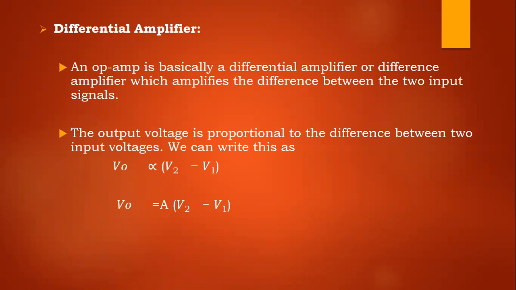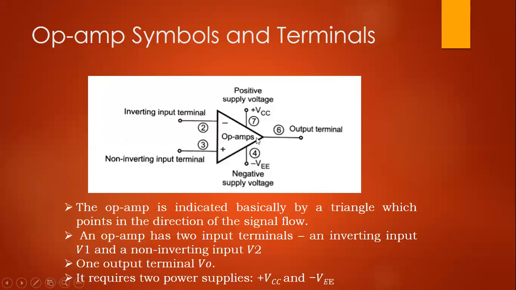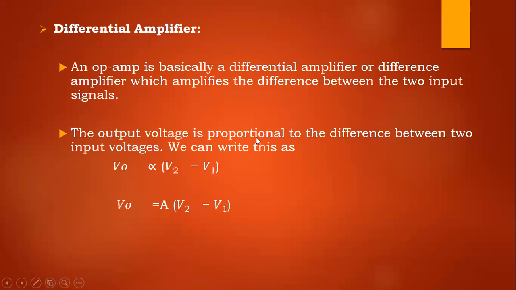It is a type of differential amplifier which amplifies the difference between two inputs. Let us say V1 and V2 are the two inputs applied to this op-amp. Then the output voltage is proportional to the difference between the two input signals.